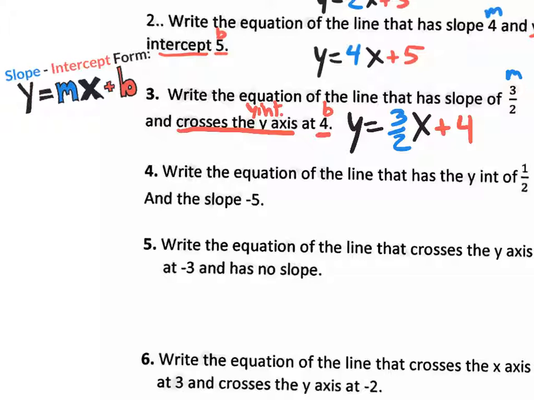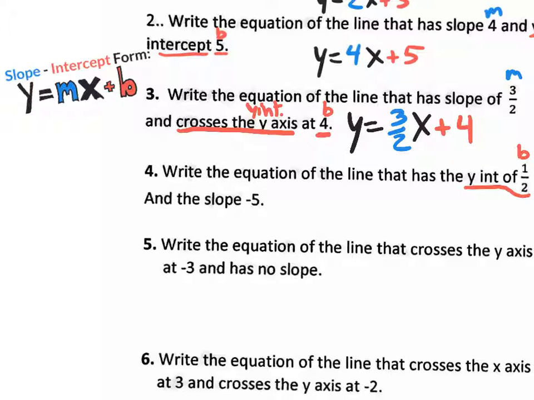The next one, write the equation of the line that has the y-intercept of 1/2. I put this one on here so you could pay attention to what you're reading. I'm telling you that it has the y-intercept of 1/2. That is the b value. Don't think that just because you see a fraction that has to be the rise over run, that has to be the slope.